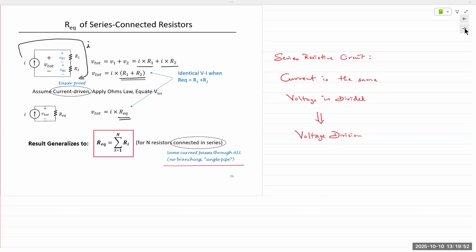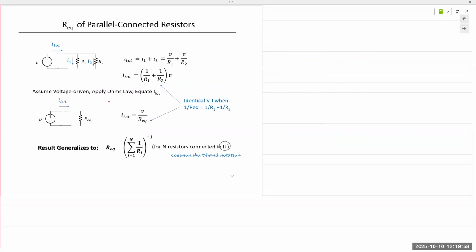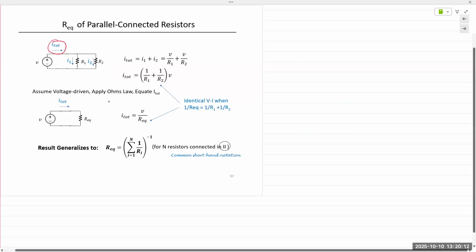Okay. All right, going to parallel, same thing. We apply Ohm's law to determine the total current that's being split. So we have I total flowing through the circuit. Actually, that's not quite correct. I total comes in here and splits in two.